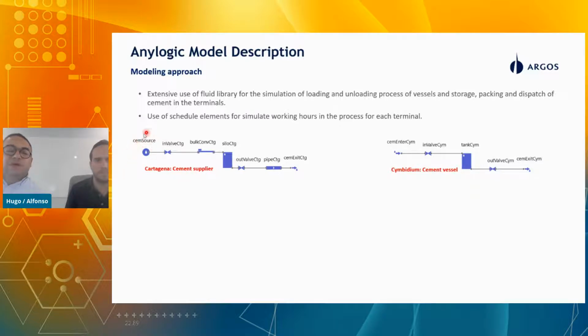We use here the source element, valve, bulk conveyor, tanks, pipes, and one important element here is the exit element that allows us to connect to the vessel.